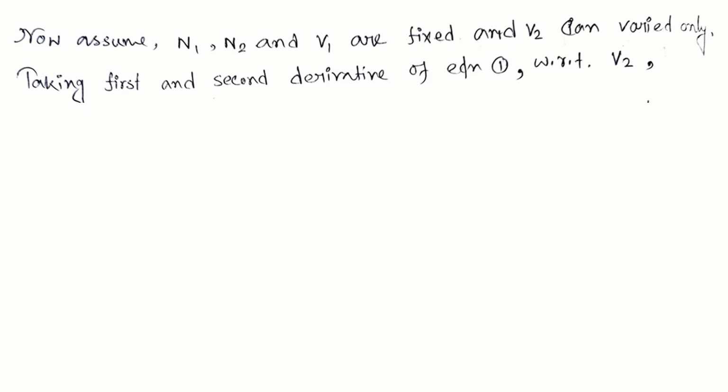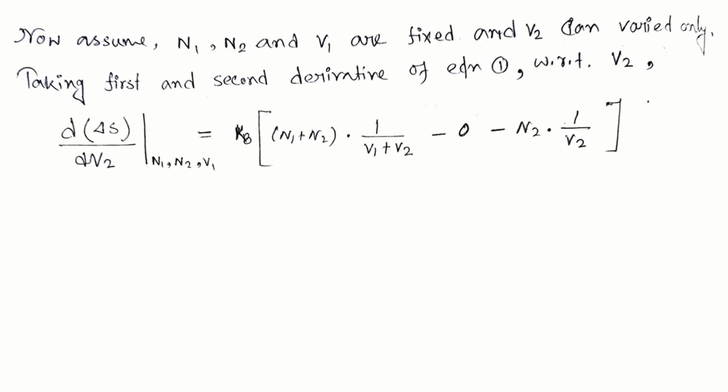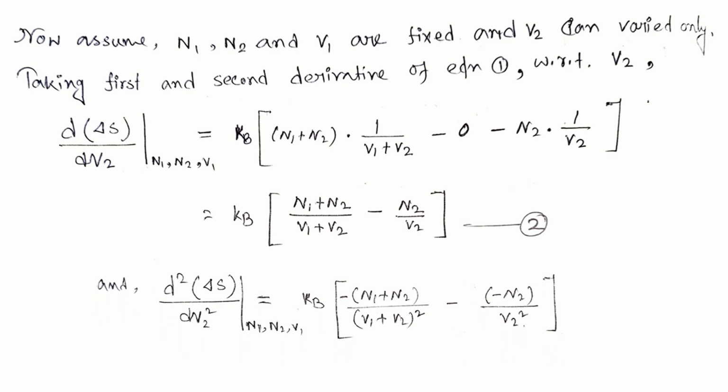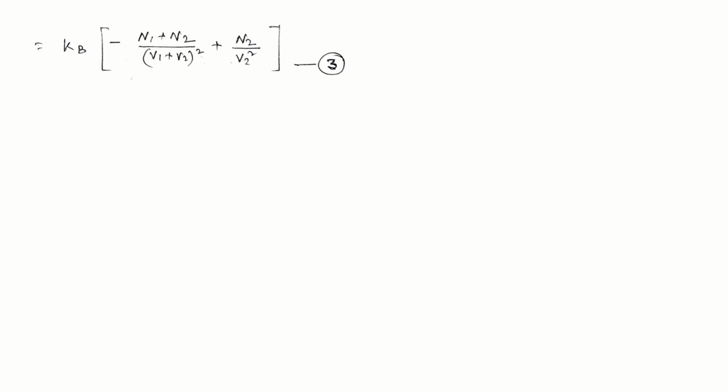You can also vary V1 if you want; you will obtain the same result. I have taken the first derivative of the entropy of gas mixing, keeping N1, N2 and V1 fixed. After solving, you will get this type of simplification. Then we take the second derivative and we obtain this.